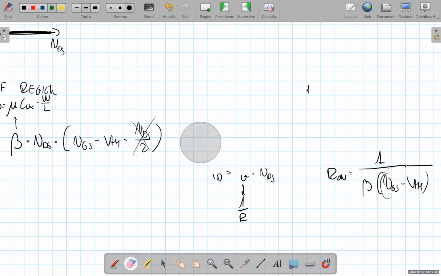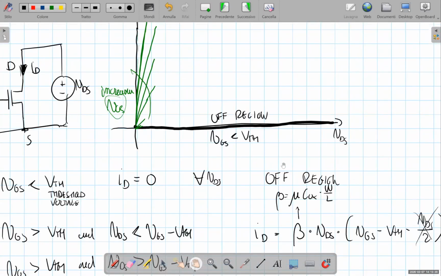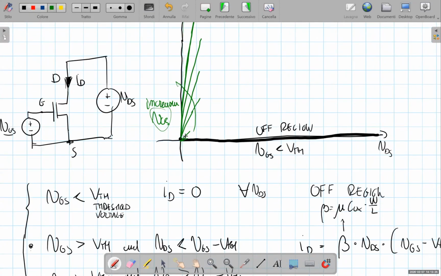Okay? So we call this operating region the on region. In the on region, for VDS very, very small, the transistor can be regarded as a resistor with a resistance inversely proportional to VGS minus VTH. If we go on increasing the VDS voltage, what happens?